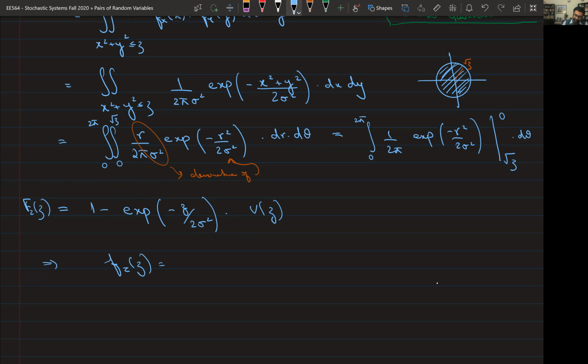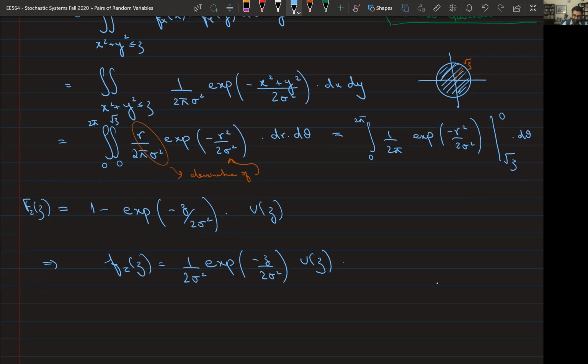is 1 upon 2 sigma squared e raised to the power minus z upon 2 sigma squared u of z, which is nothing but an exponential distribution, right?